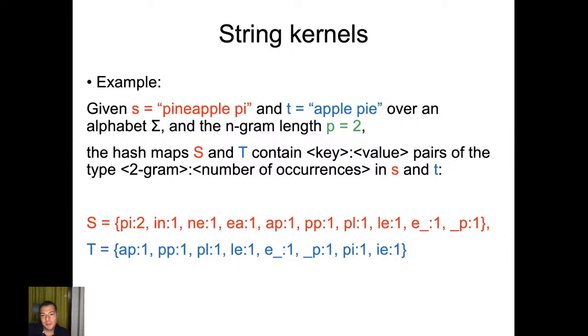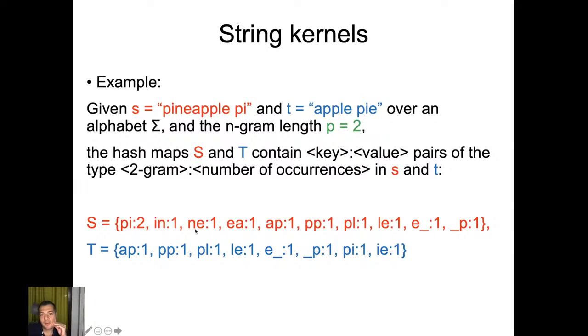Okay, so we build these hash maps, and then, in order to compute the number of common n-grams in the 2 strings, we just enumerate the n-grams in one of the hash maps and look them up in the other hash map.